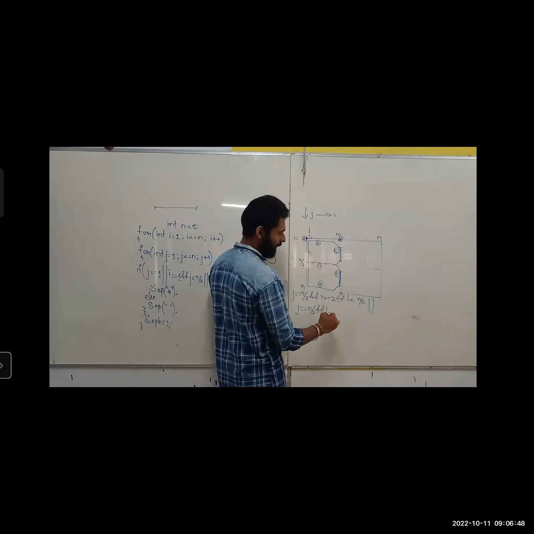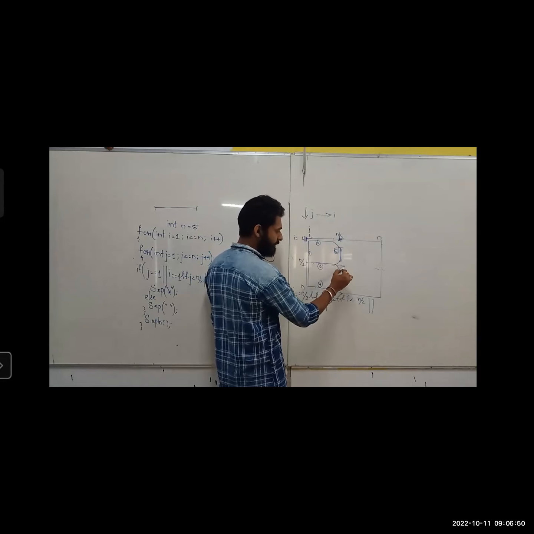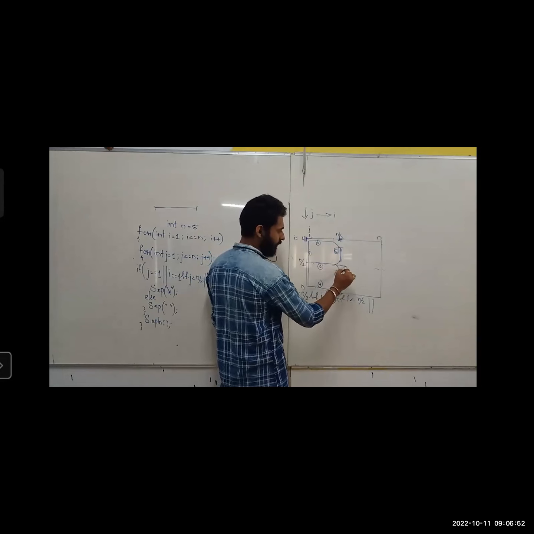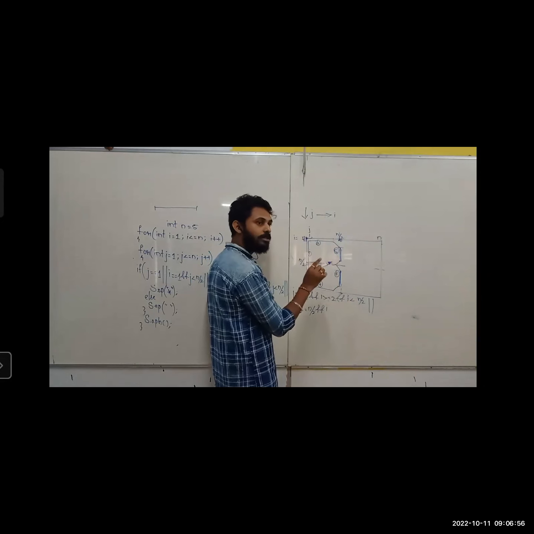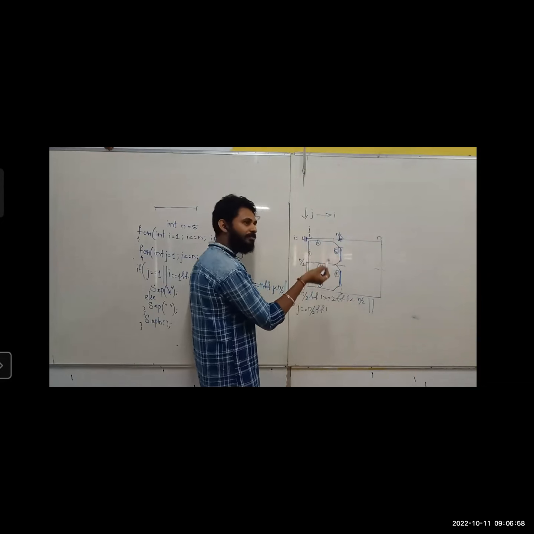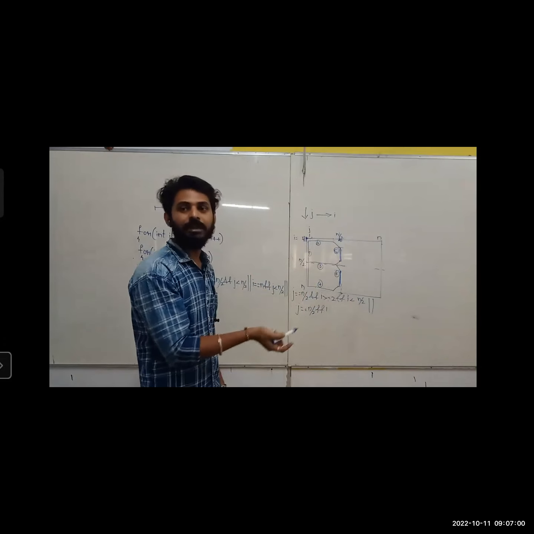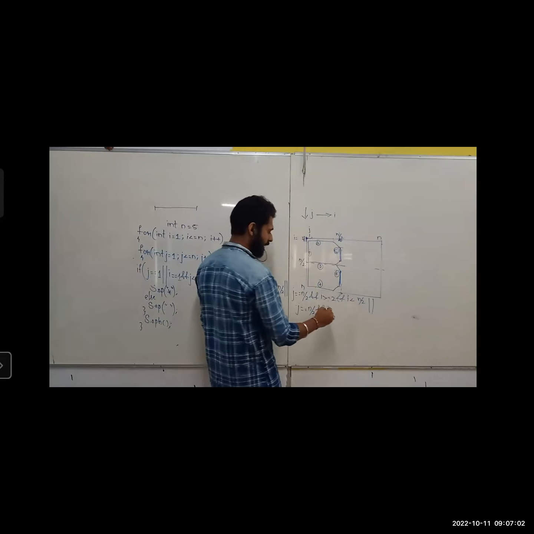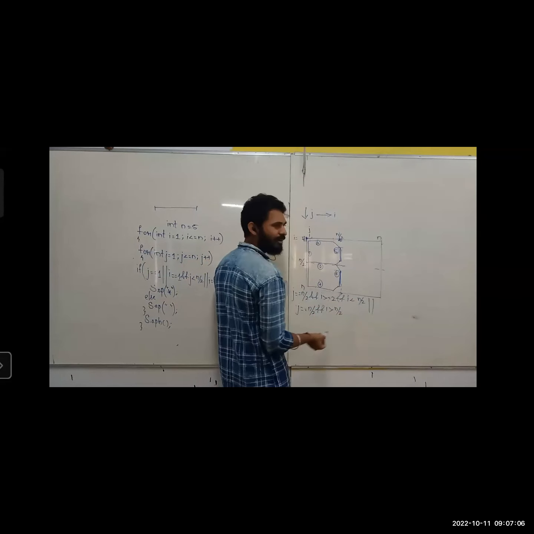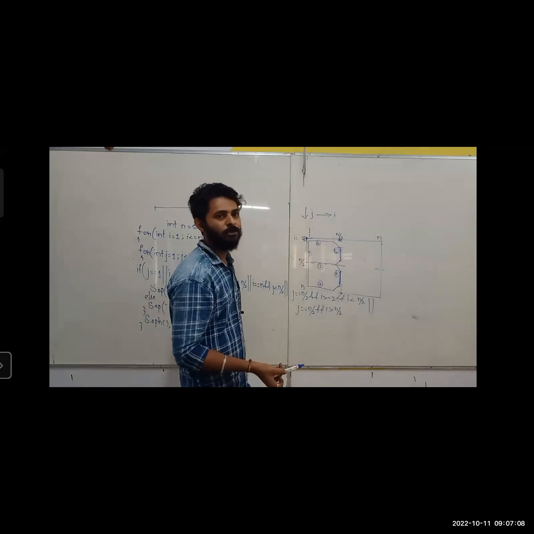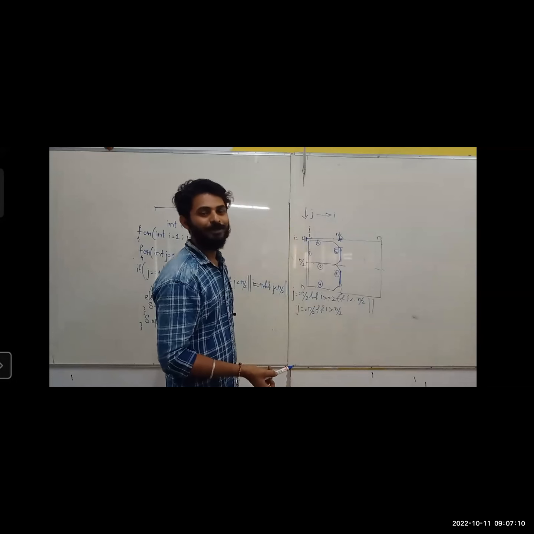Which is the nearest starting point here? N by 2. So should I start from n by 2? No, I should start from any position which is greater than n by 2. So I just have to say greater than n by 2, or otherwise greater than or equal to n by 2 plus 1.